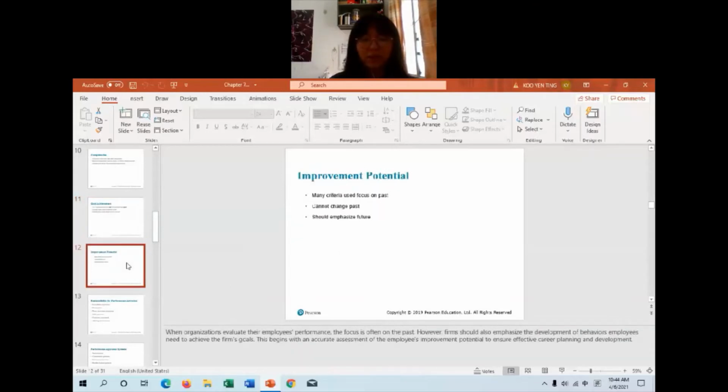Next is improvement potential. When organizations evaluate their employees' performance, the focus is often on the past. However, firms should also emphasize the development of behavior employees need to achieve the firm's goals. The emphasis should be on the future, as we cannot change the past.